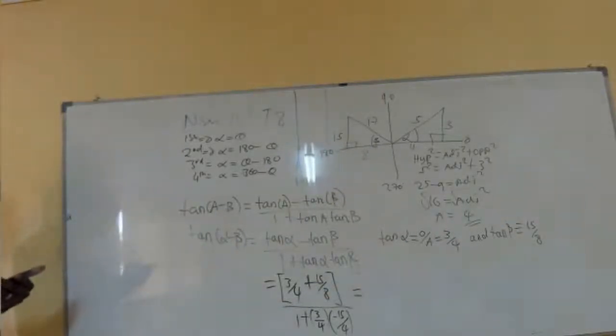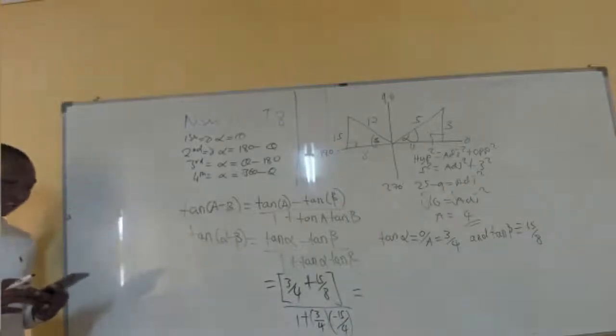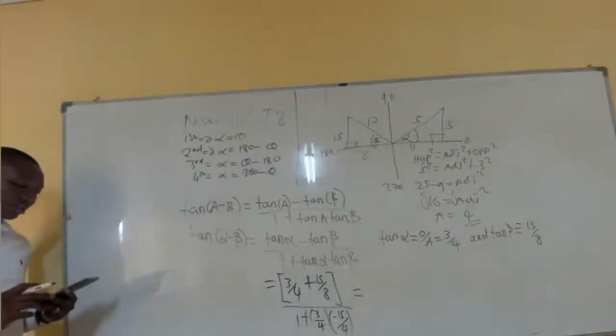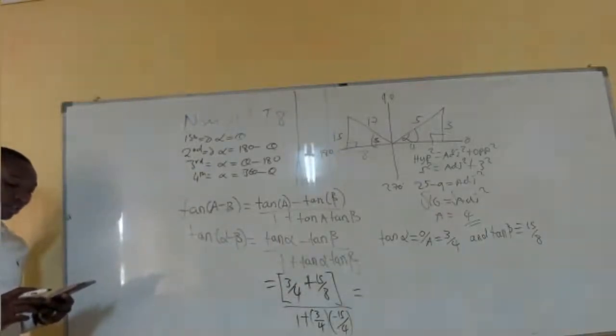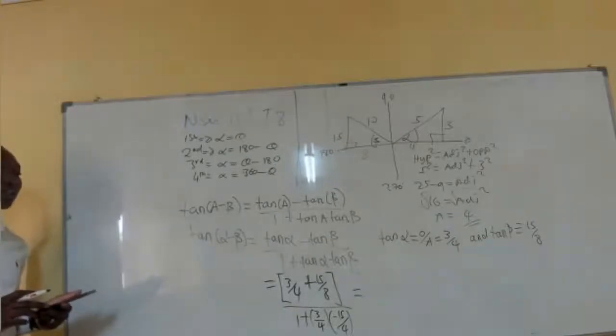So as we said, if you look at the trigonometric identities, tan alpha minus beta is given as tan alpha minus tan beta, then we have the flip down there. Now since it's negative, it's going to be 1 plus tan alpha tan beta.